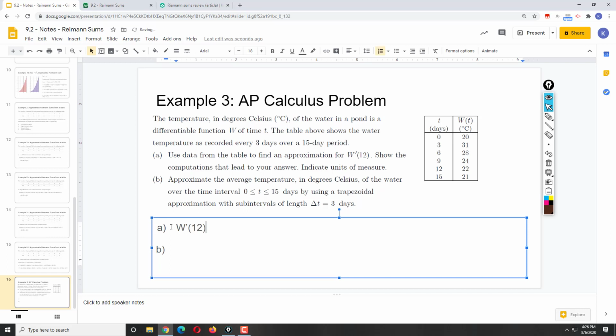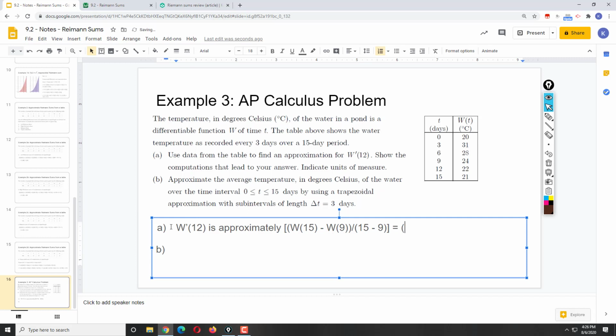So the derivative at 12 is approximately the average rate of change from 9 to 15, which is going to be W of 15 minus W of 9 divided by 15 minus 9.